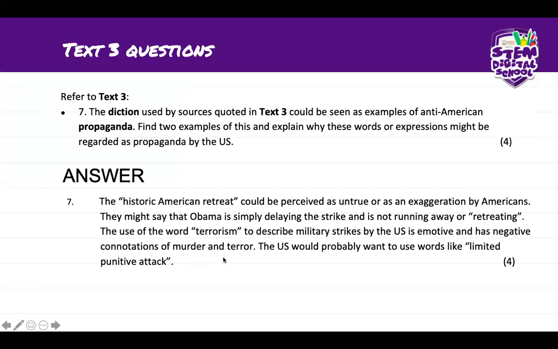Of murder and terror. That is what the use of the word terrorism would mean. The US would probably want to use words like limited punitive attack, as in text 1. So the US would want to use words like limited punitive attack as in the first text.